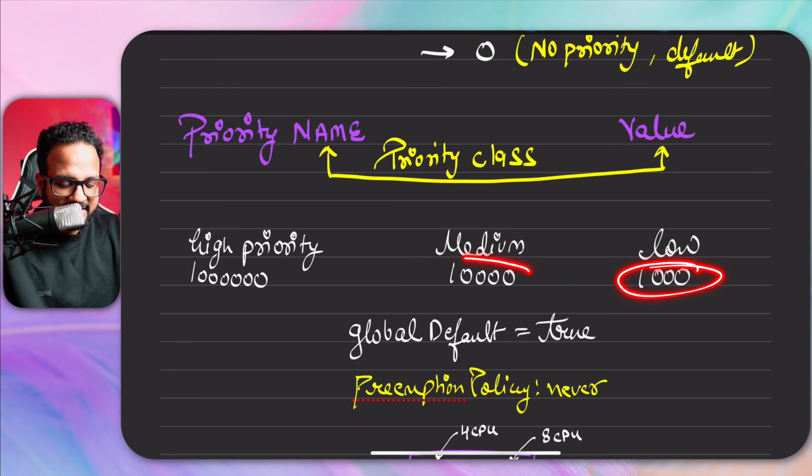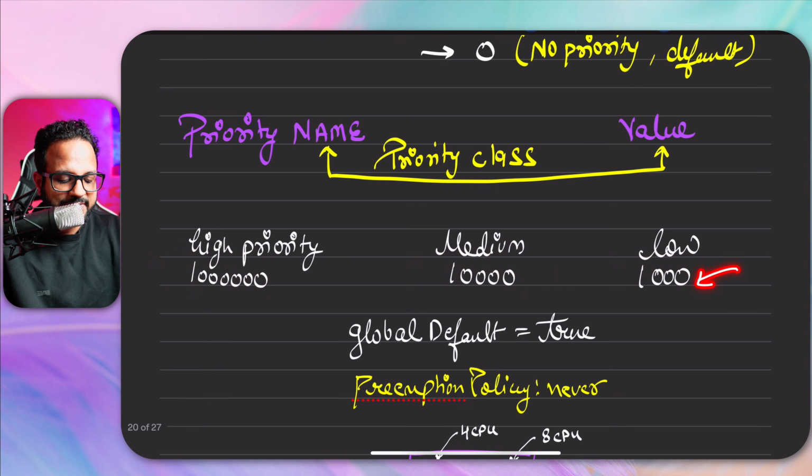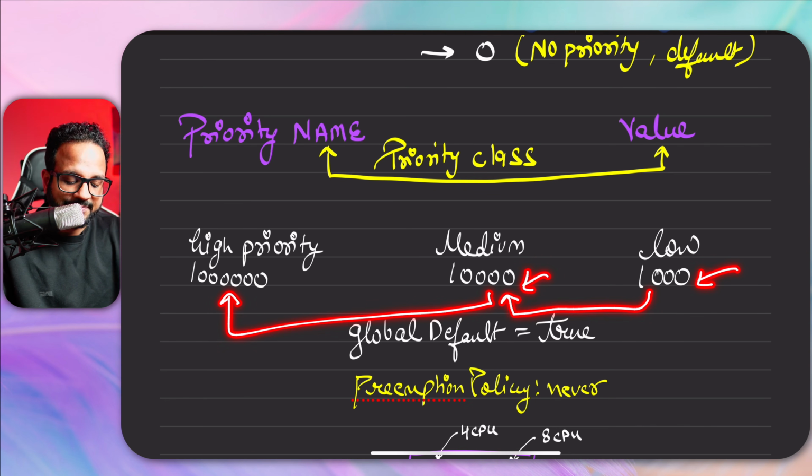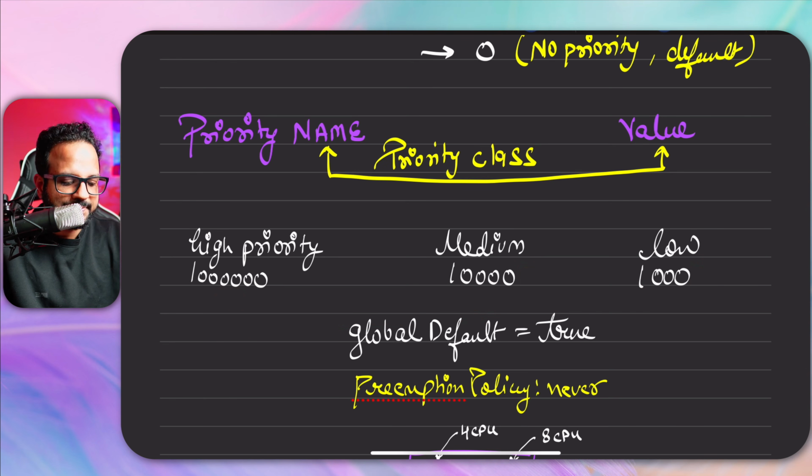So 1,000, 10,000, and 1 million. This will have the lowest priority, this will have higher priority than this one, and this will have the highest priority. Now how do the pods or the workloads know which priority to use?